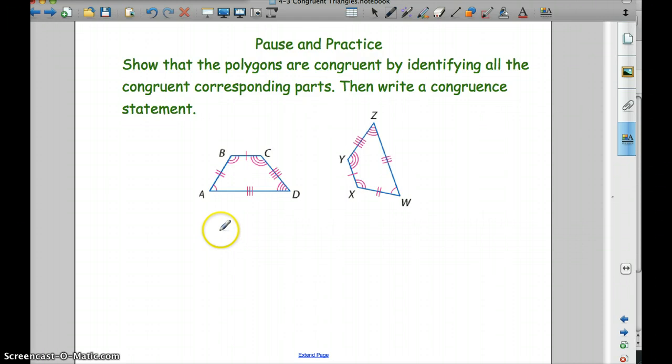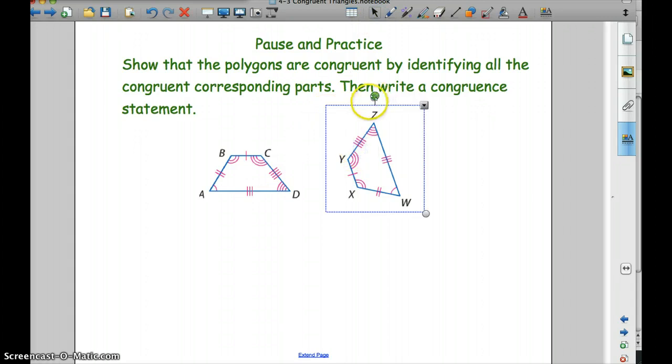Let's look at another example. So here on this example, you're going to pause and practice once I'm done speaking. You're going to show that the polygons are congruent by identifying all the congruent corresponding parts. Then write a congruent statement. So again, I would write this on your paper so both the polygons are in the same position.